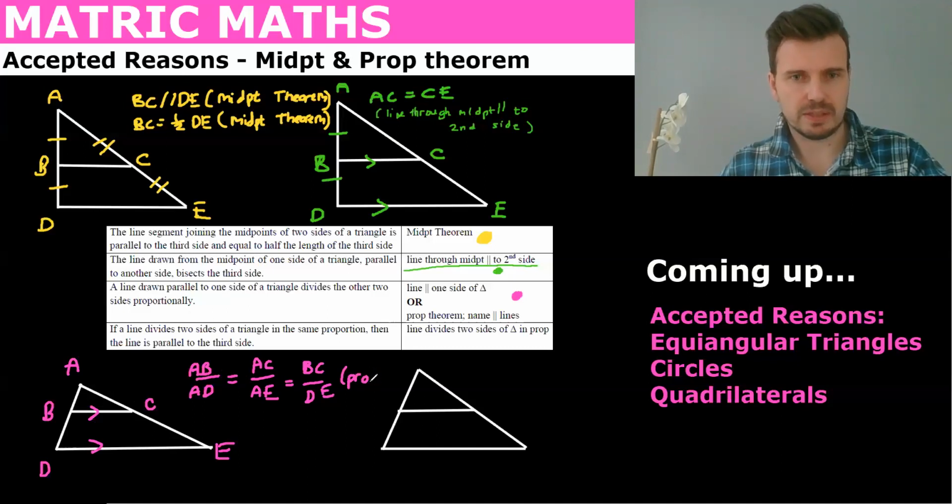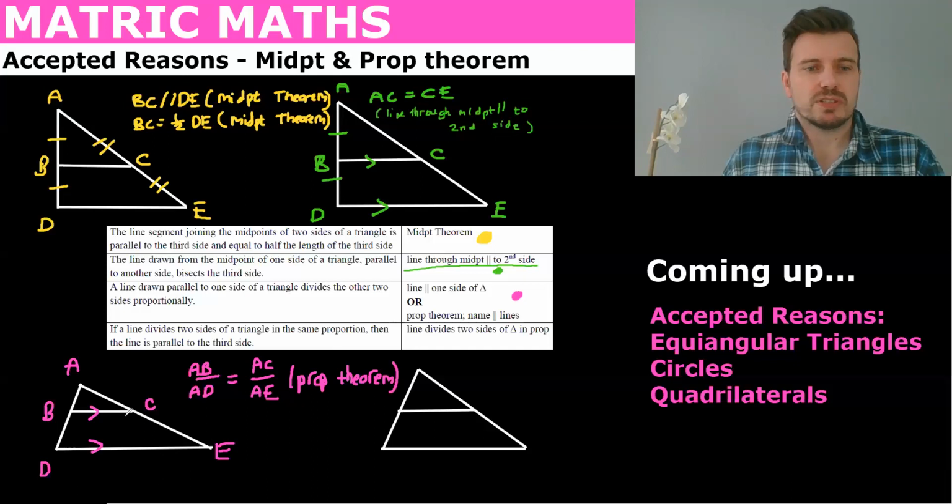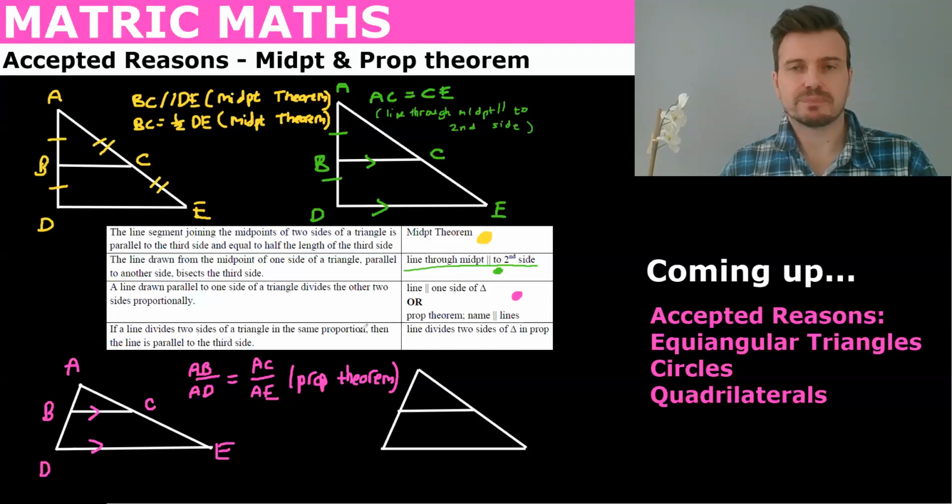Okay, so I'm going to take this away and let's just say prop theorem here. All right, but just know that these can also, once these are parallel, these are also in proportion. So BC over DE is also proportional to AC over AE.